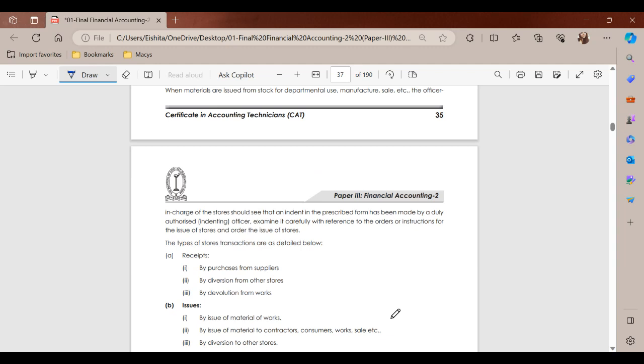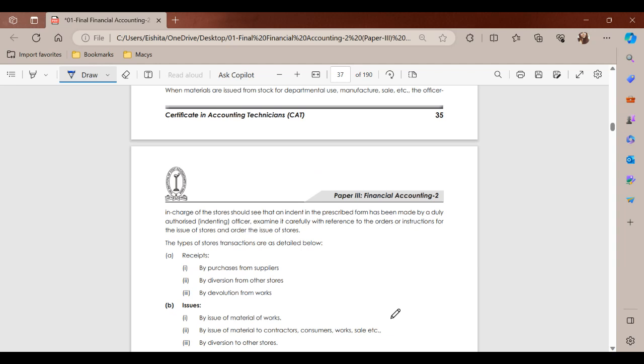He will issue the material to the respective department. Okay. The types of store transactions are as detailed below. Receipts, where he will receive the material by purchases from suppliers, A, by diversion from some other store.